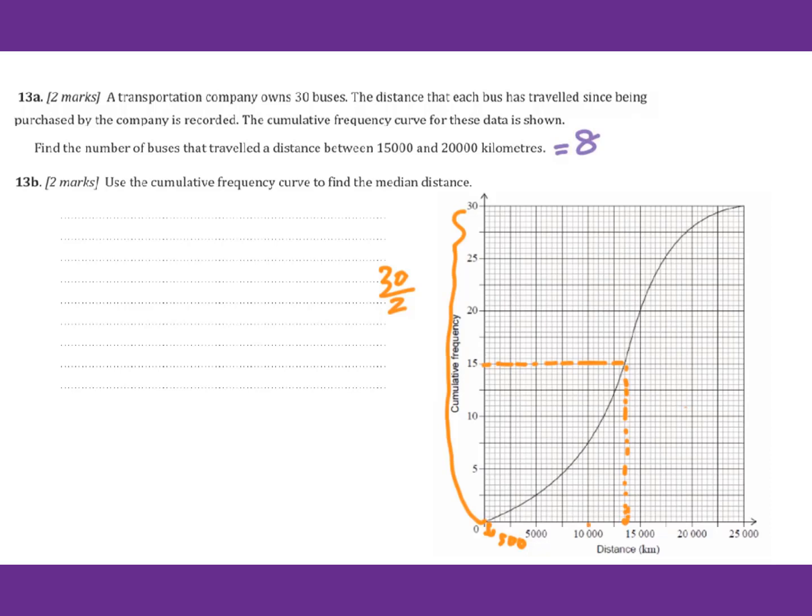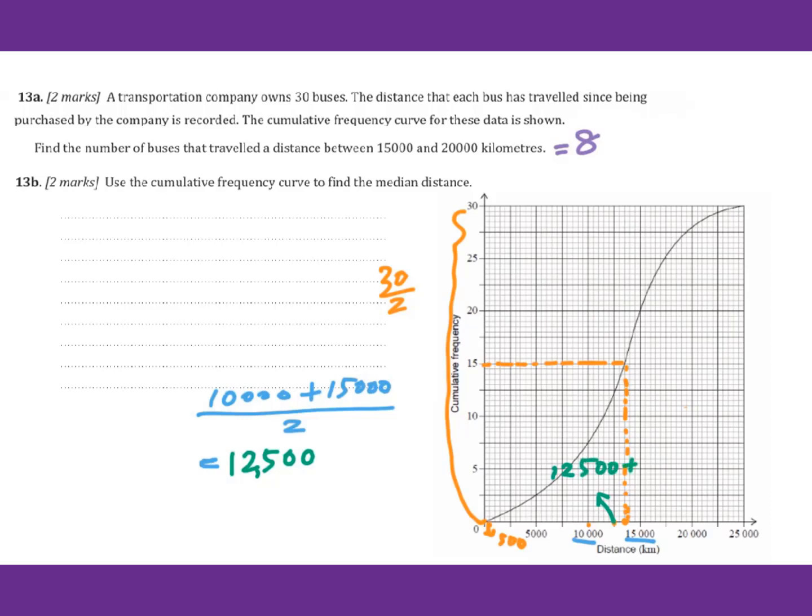So you will get, this is 10,000. This one is half of 10,000 and 15,000, which is 10,000 plus 15,000 divided by 2. You will get 12,500. This is 12,500.